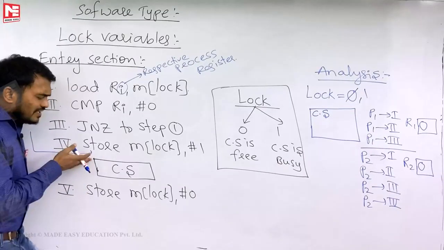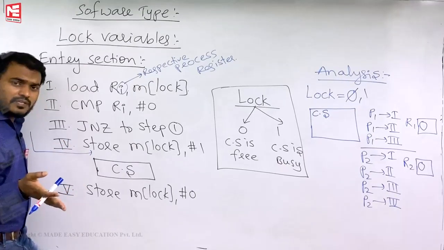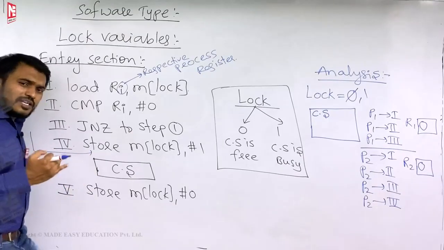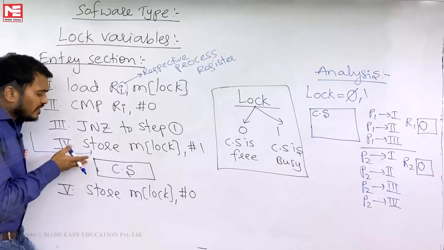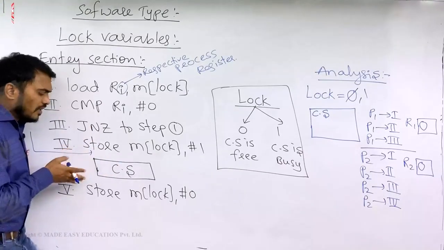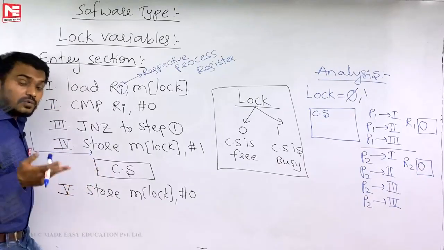Remember, even if it is getting preempted, preemption is a temporary stop. Preemption means temporary stop only, right? Time quantum is expired, the process is going from running to ready state. So again the process will be scheduled or not scheduled? It will be scheduled. So when P1 is preempted here, if it is coming back, will it enter into the critical section? Yes. So that is the reason.